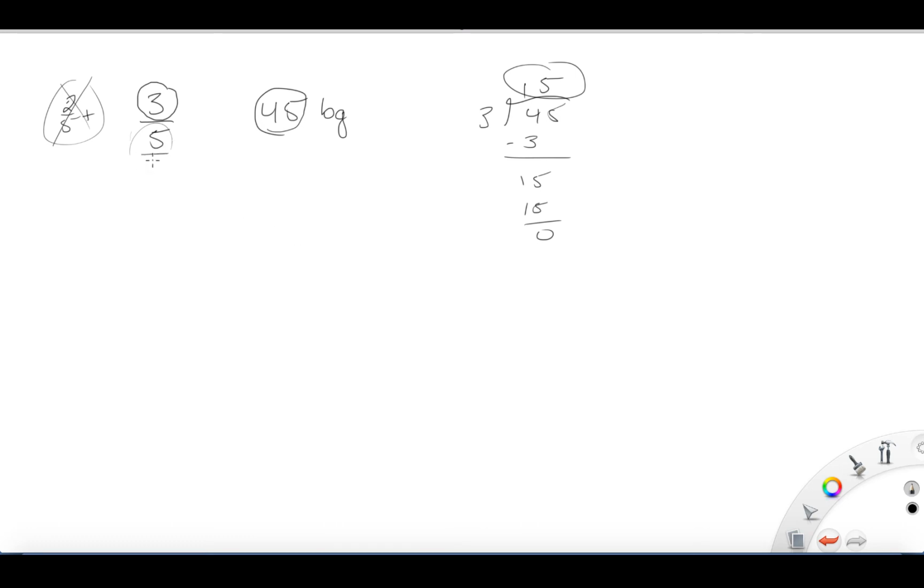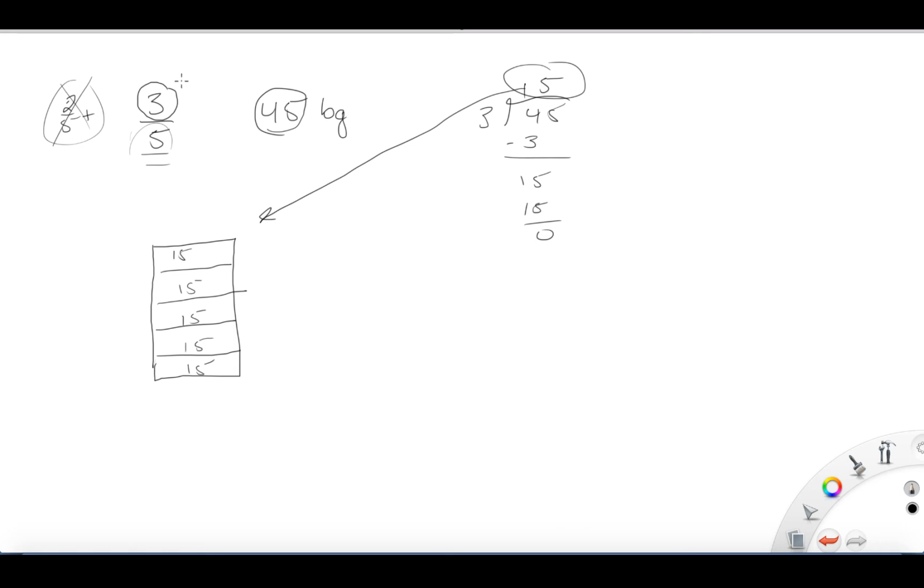So notice this, the bottom number is 5. So we're going to draw a box with 5 categories in it. 1, 2, 3, 4, 5. And because we just said that there are 15 in each of those categories, let's put 15 in each of those.